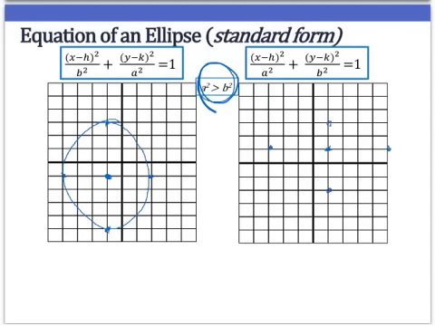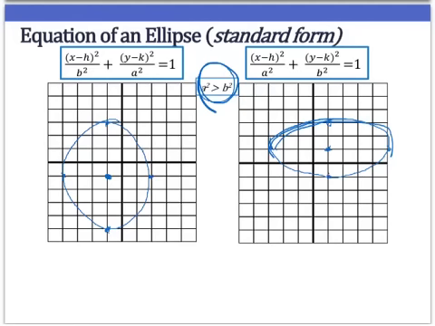And like we did with our ellipse on the left, we will connect these dots the best way we can. It's not too bad. Alright, so we have our two ellipses.